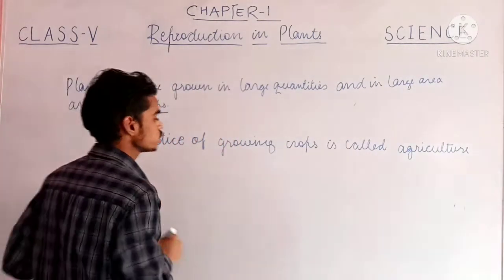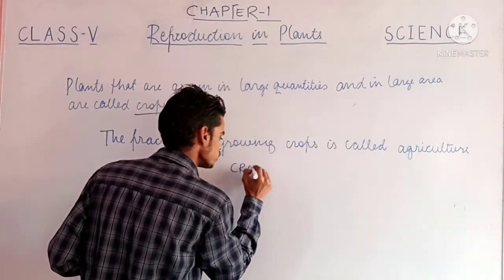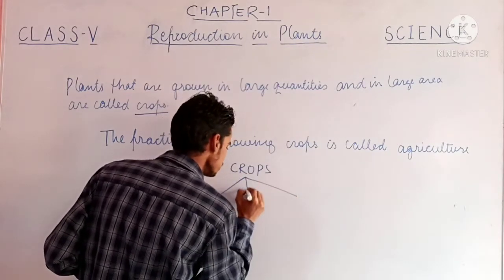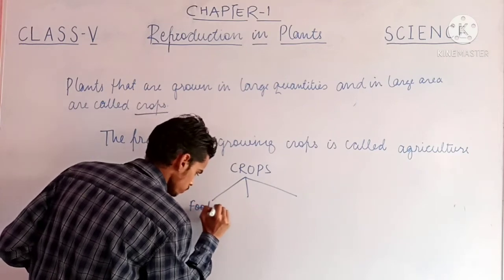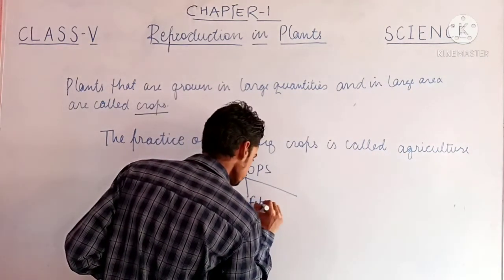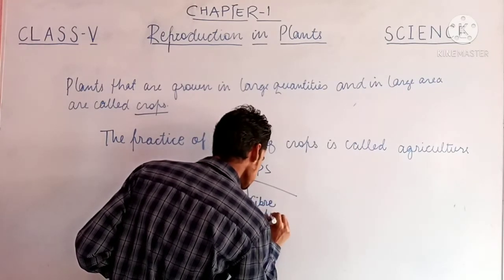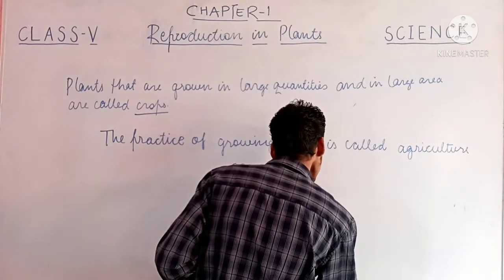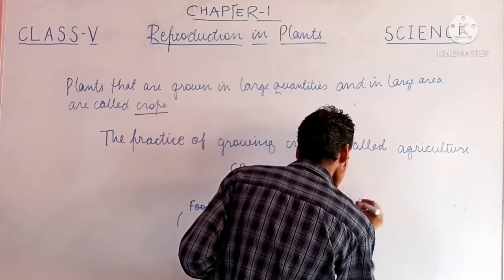Crops are divided into three categories. First is food crops, second is fiber crops, and third is oil producing crops.